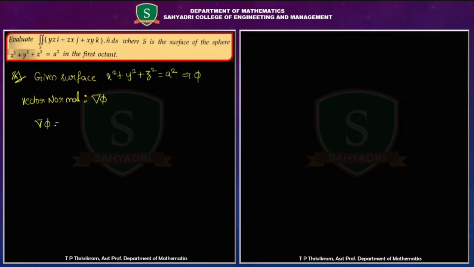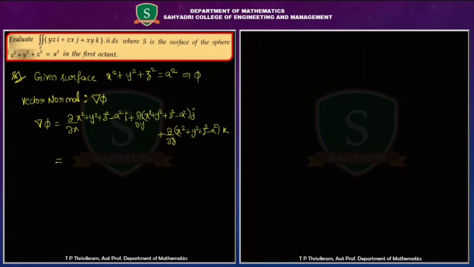Del phi is equal to dou by dou x of (x square plus y square plus z square minus a square) i, plus dou by dou y of (x square plus y square plus z square minus a square) j, plus dou by dou z of (x square plus y square plus z square minus a square) k.